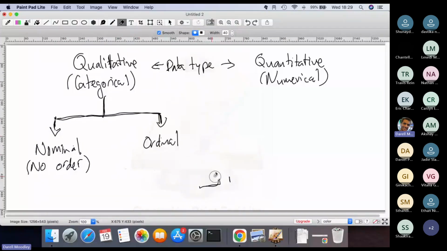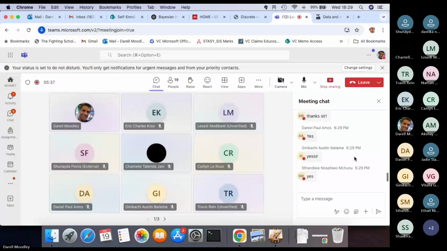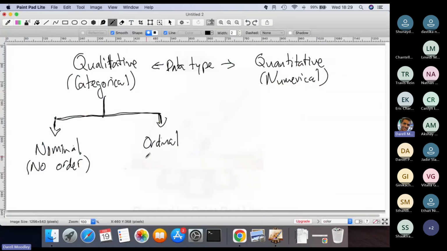It's a categorical variable that has no order to its values. Makes sense? Okay, I'll take that as a yes. Fantastic.